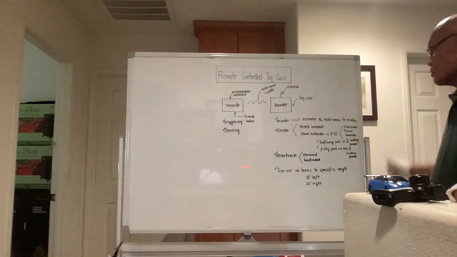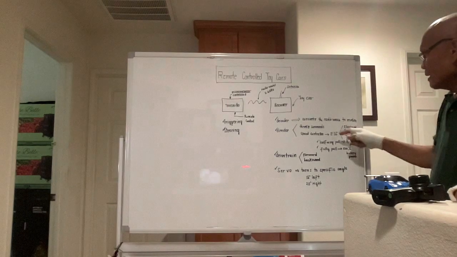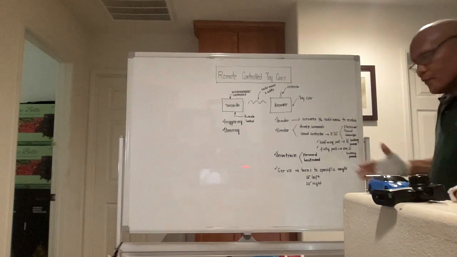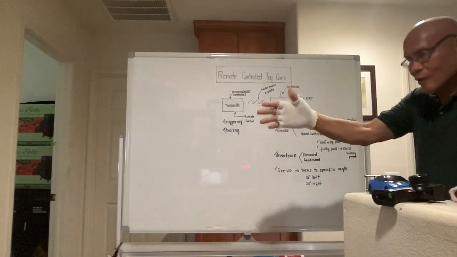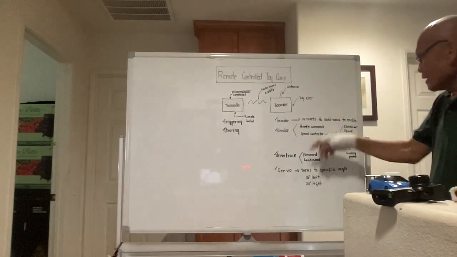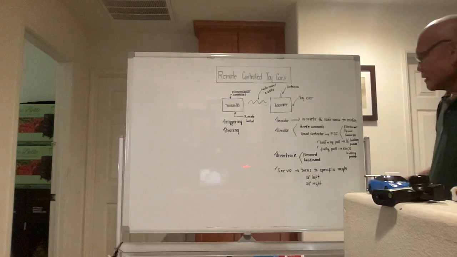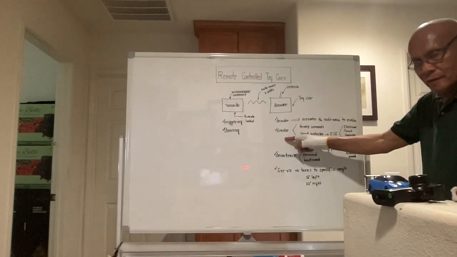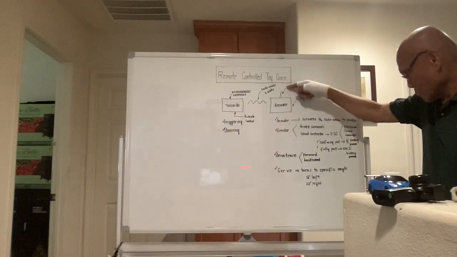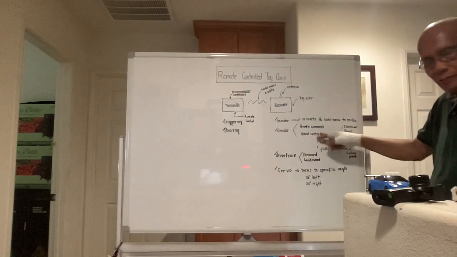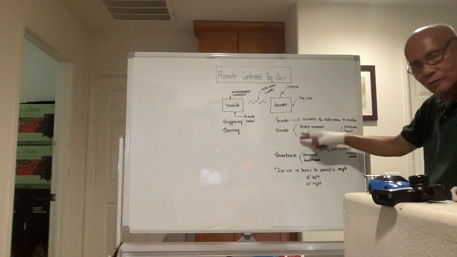I want to discuss also one thing about the throttle commands. How fast will it move forward, and how fast will it move backwards? That is done by the so-called director. There is a director and the microprocessor which control the speed. It acts like a speed controller.